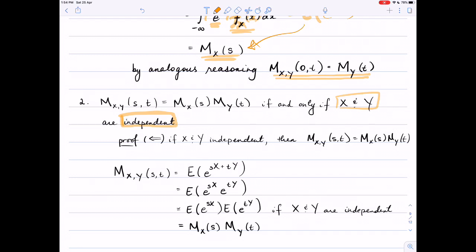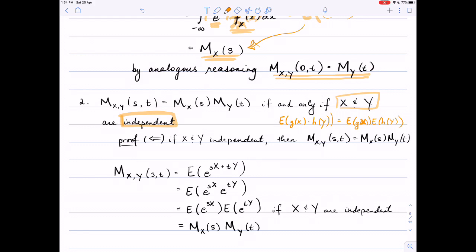If x and y were independent, then the expected value of any function of x times any function of y, those expected values could be multiplied, right? That was the property that we had for independence, and since moment generating functions are based on expected values, it might not come as any surprise that that property transmits itself to moment generating functions.